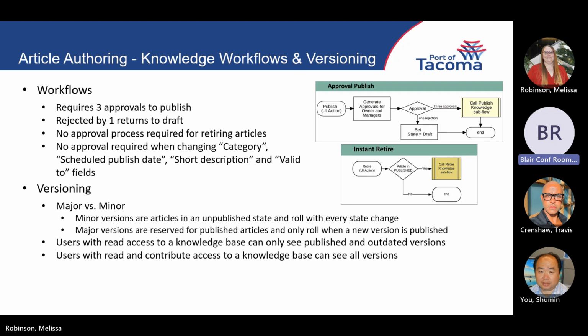So if they're looking at the latest published version, which is version 5, they click on that, they're going to see version 1, 2, 3, and 4 as well. But it's always going to warn them if they're looking at an outdated version. So even though they can see it, that doesn't necessarily mean that they won't know that it's not the current version of the article. And it gives a link to the current version.